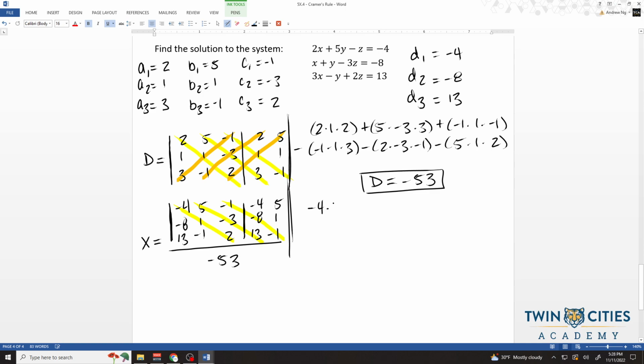So this will be -4 times 1 times 2, plus 5 times -3 times 13, plus -1 times -8 times -1.